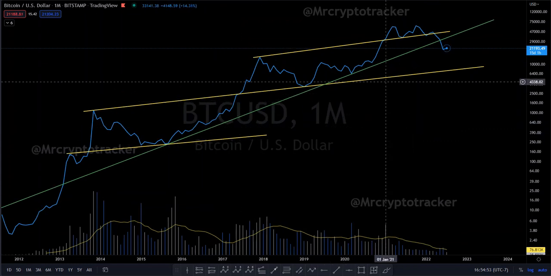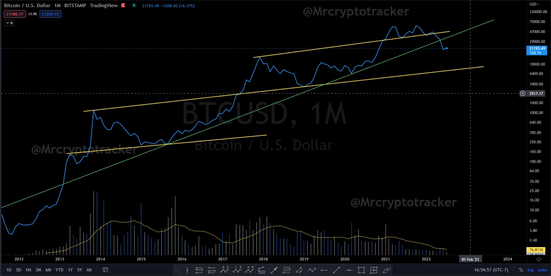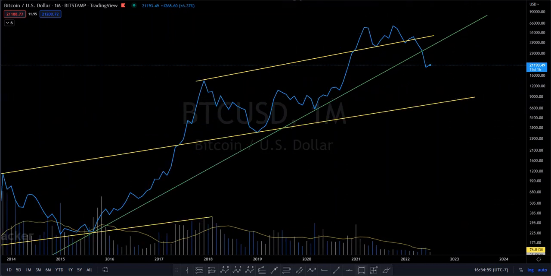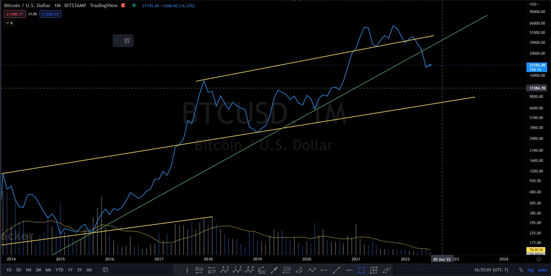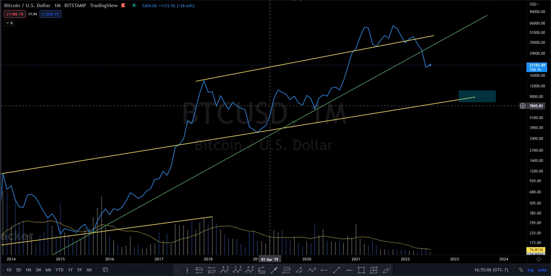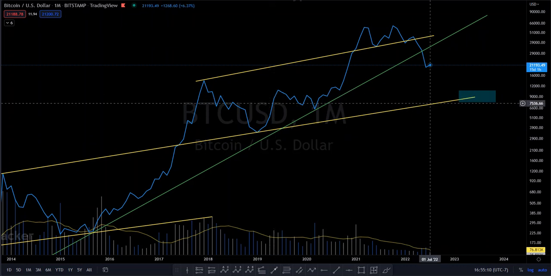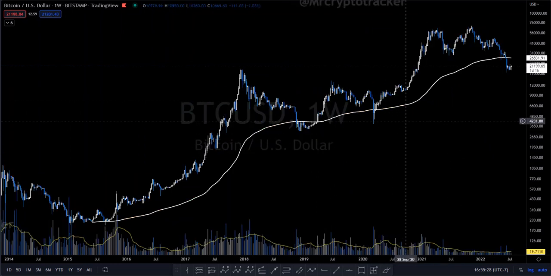It can be a dynamic support here, and we can expect to see some sort of reaction in this area, for example, here where we have this important monthly level and this trend line. Let's take a look at the weekly time frame.